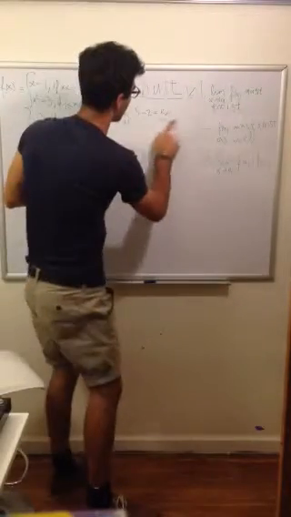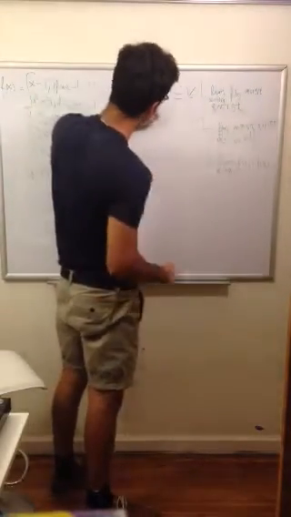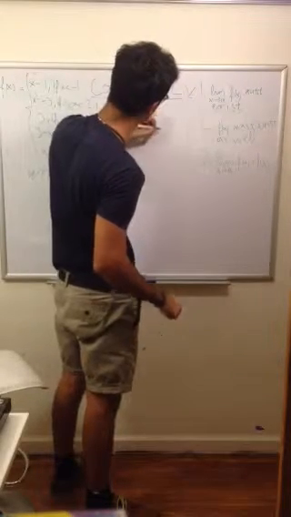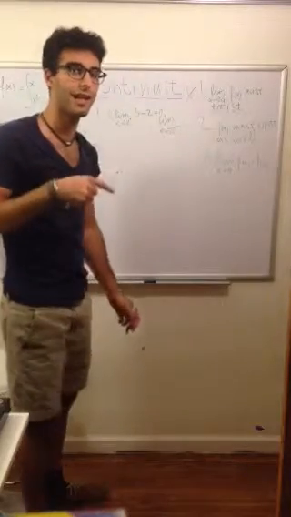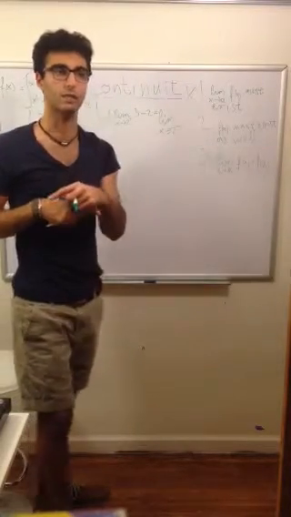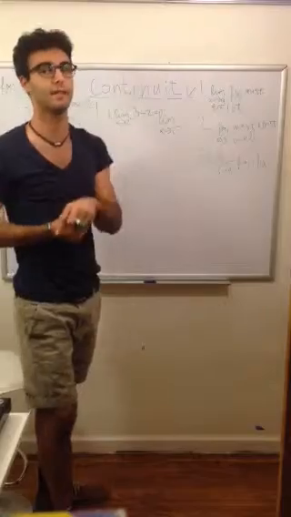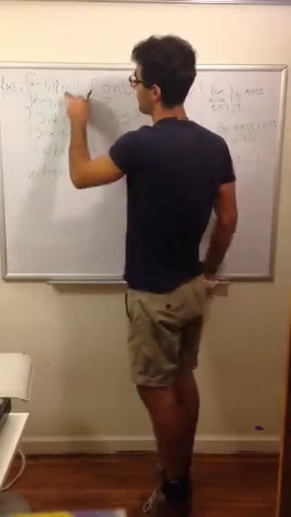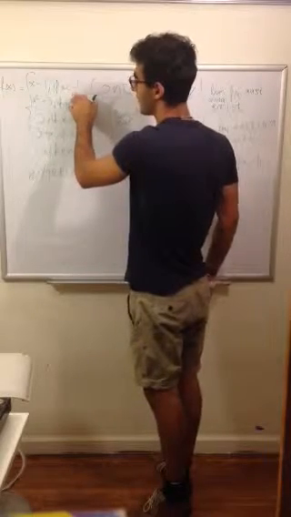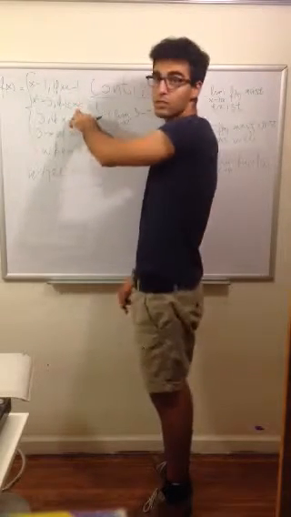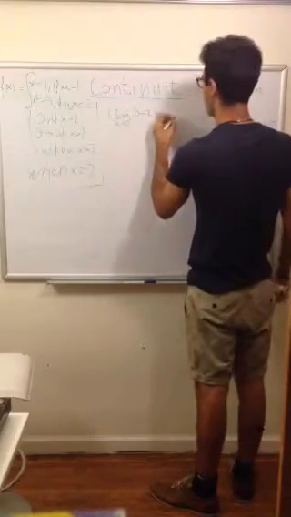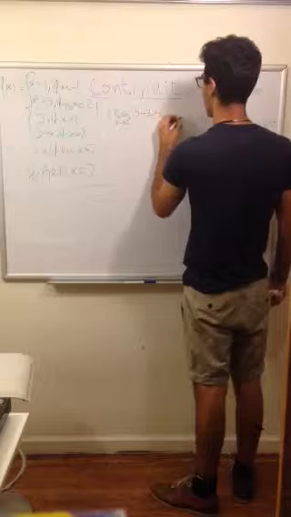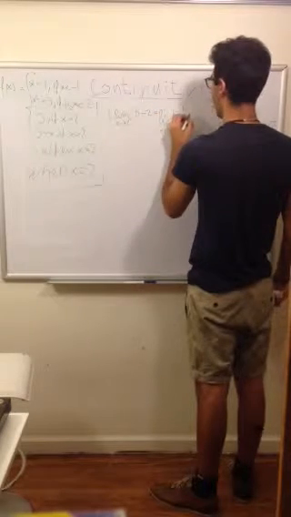Let me write this a bit bigger so you can read it better. Limit as x is approaching 2 from the negative side. So now from the negative side, what does that mean? x must be less than 2. Where is our x less than 2? We have here x is less than -1, here our x is less than 2. This sounds good. So let's use this function. We would have 2 squared minus 3.